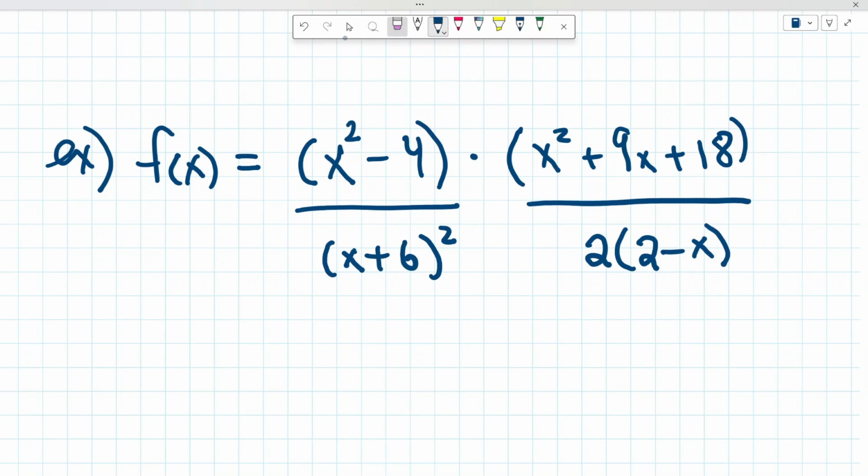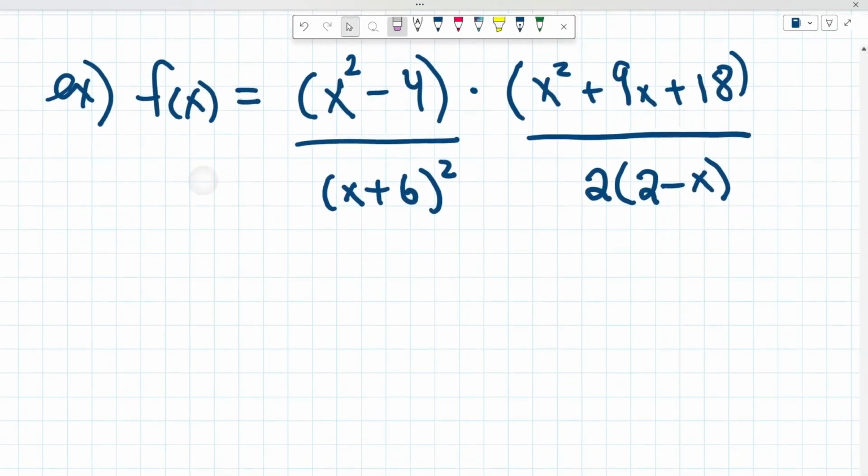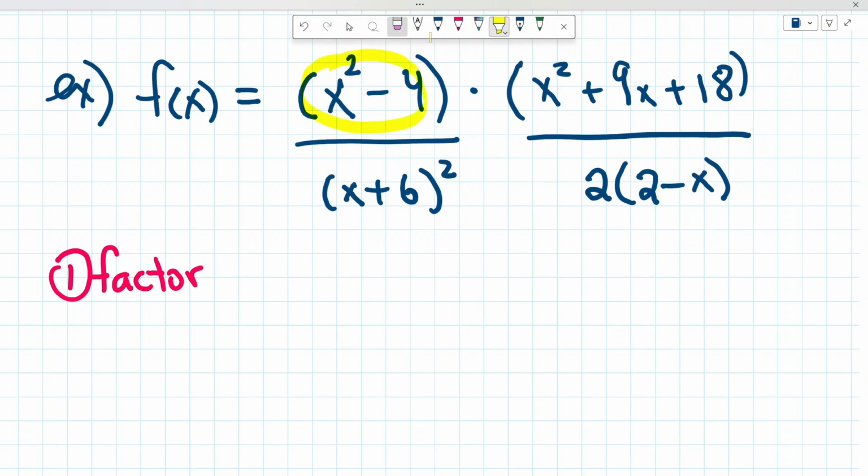This is a bit more of a complicated problem, but we're still going to apply the three steps that we learned previously. Okay, so the first step is to factor. We always have to start with factoring. Up here, we can see that we have a difference of squares.